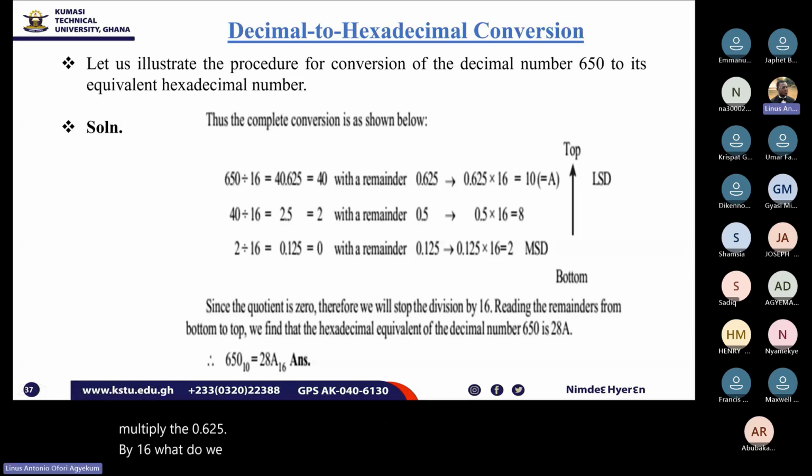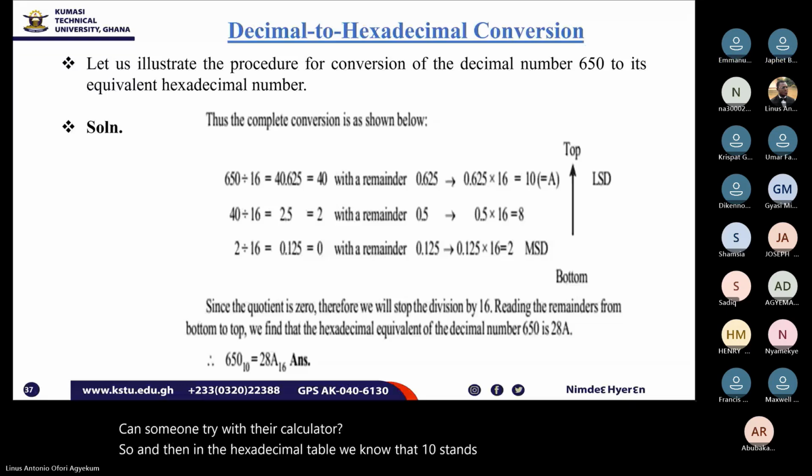Can someone try with their calculator? 10. So, and then in the hexadecimal table, we know that 10 stands for what? What is the representation of 10?